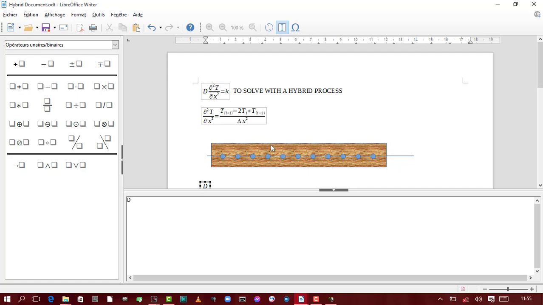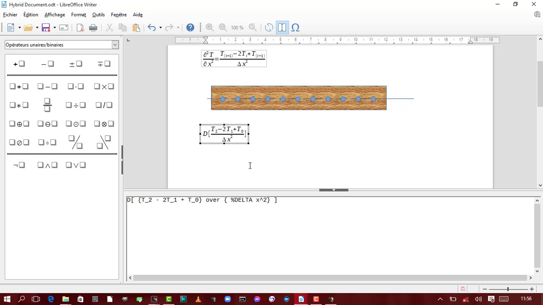We have the open braces and type into it something like t at 2 minus 2t at 1 plus t at 0. And this one is over delta x to the 2.